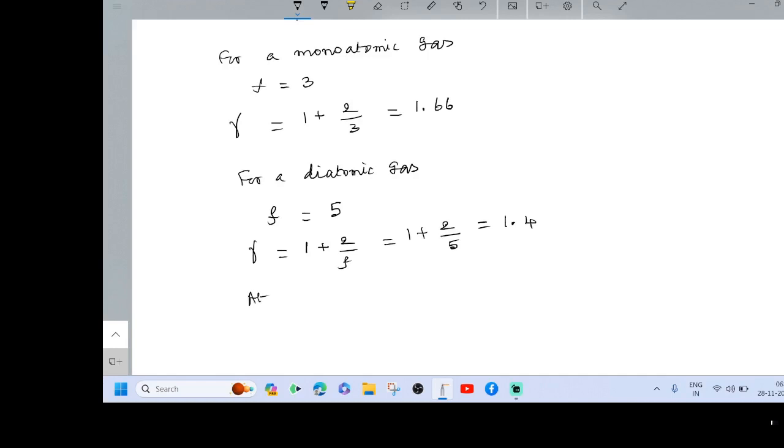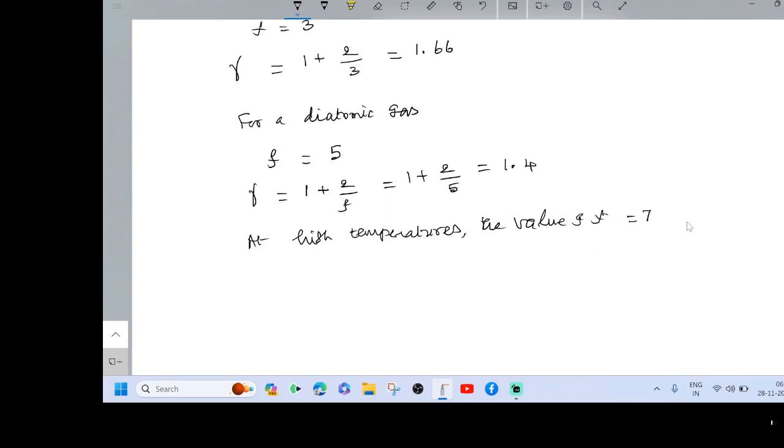At high temperatures, the value of F, the degrees of freedom, is equal to 7, because in addition to translational and rotational energy, the system has vibrational energy also.